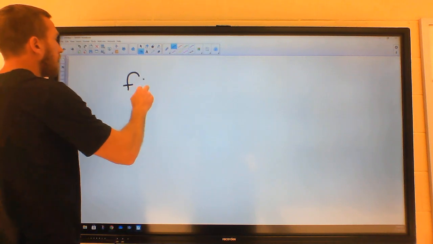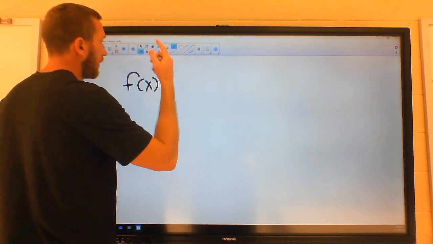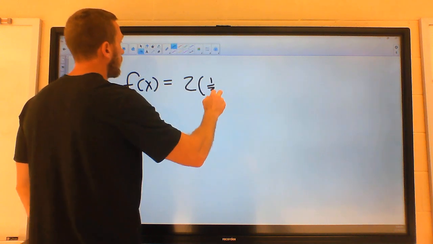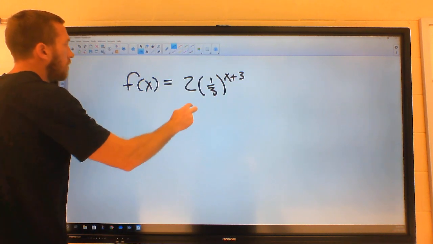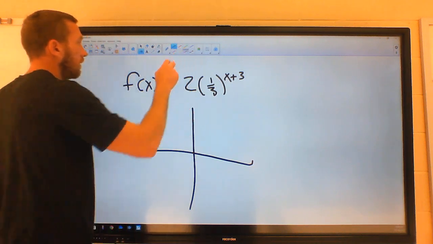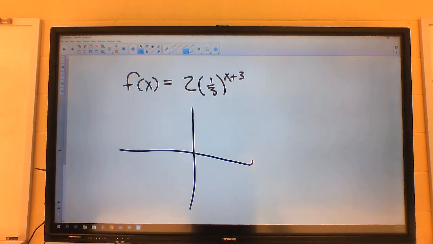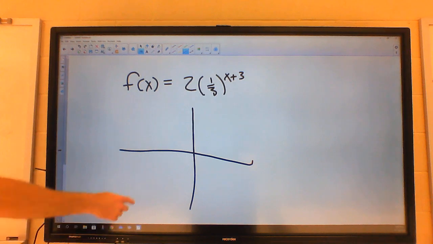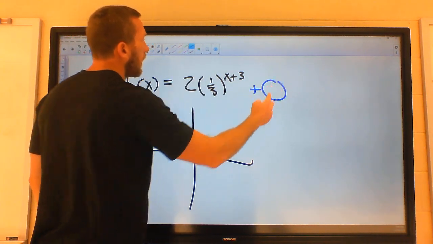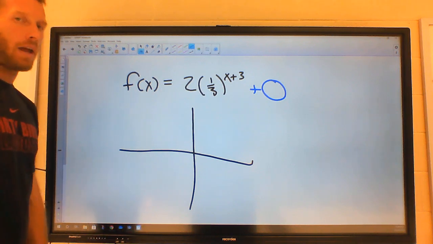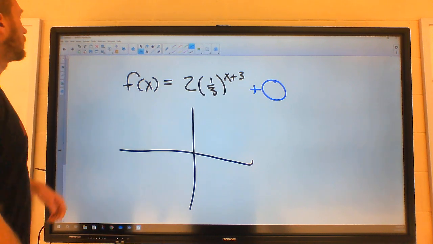And what about if we've got a bunch of scary stuff here, like 2 times 1/3 to the x plus 3 power, and we wanted to know our asymptote? Well, first, we would just look at what is this number over here. There's nothing there. It's like a 0.